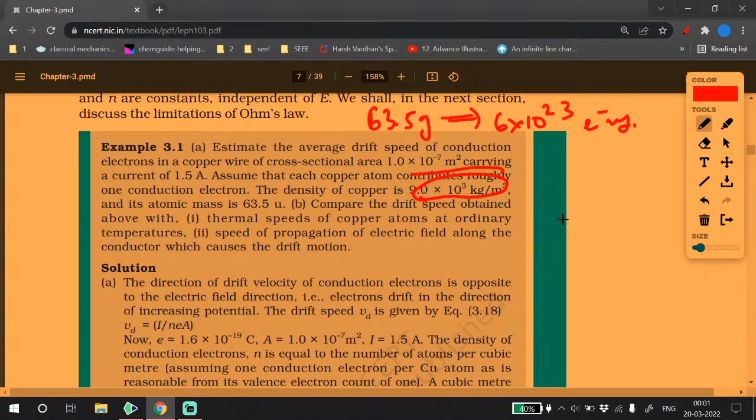The mass, 63.5 gram, divided by rho, 9 into 10 to the power of 3 kg per cubic meter, will be the volume, which contains 6 into 10 to the power of 23 electrons.